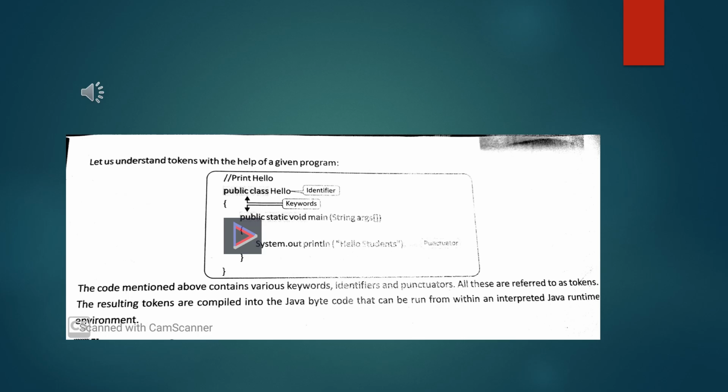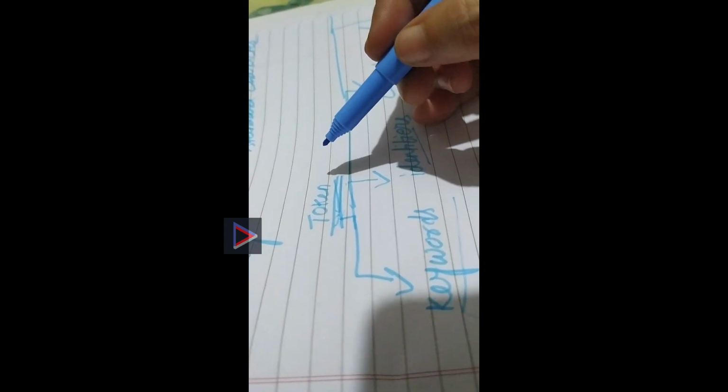So we know that tokens are divided into 5 categories: one is the keyword, one is the identifier, one is the constant or literals, another is the operator, and another is the punctuator and separator. So what is a token? The smallest unit in a Java program.